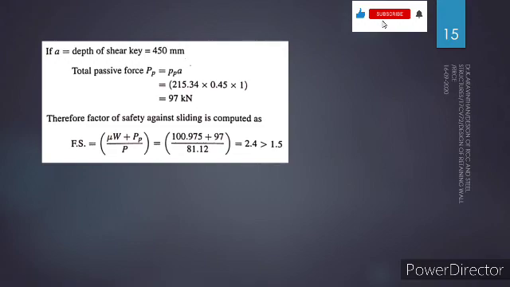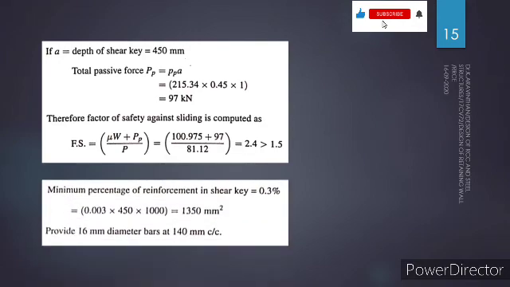If you add that, you will get nearly 198 divided by 81.12, so now the structure has a factor of safety of 2.4, which is greater than 1.5. After providing the shear key, the structure is safe. After giving some design here, you have to provide the reinforcement. How to provide reinforcement? The code gives a thumb rule.